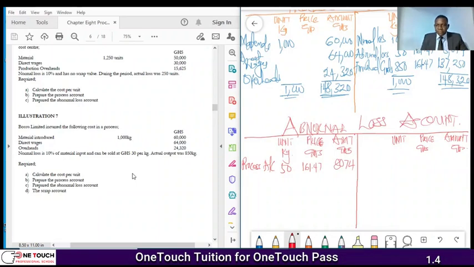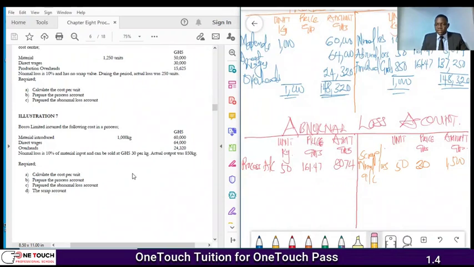So we have some scrap value, in the scrap or normal loss account, and here the 50 units can be scrapped for 30 cedis, and that is 50 times 30, which gives us 1,500.